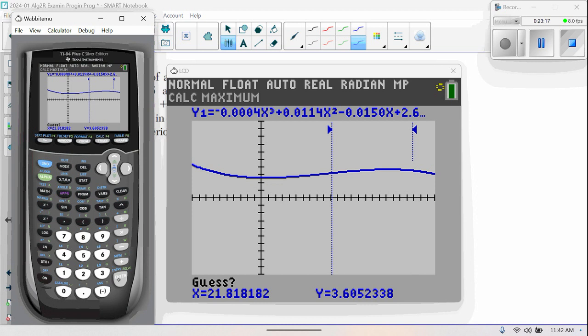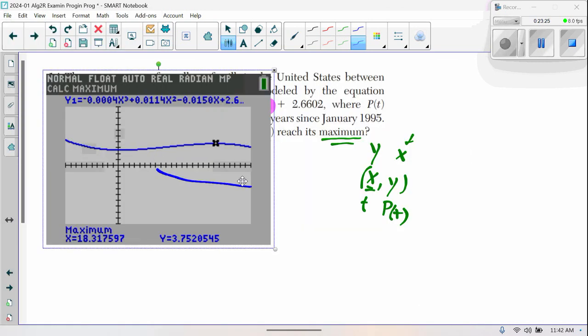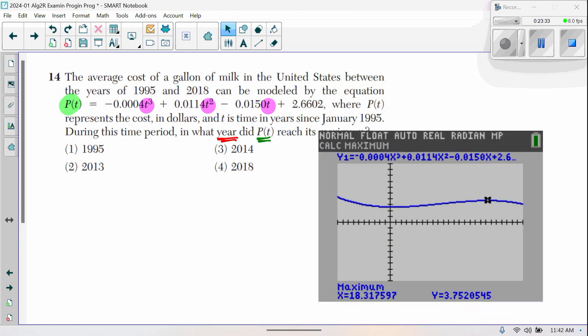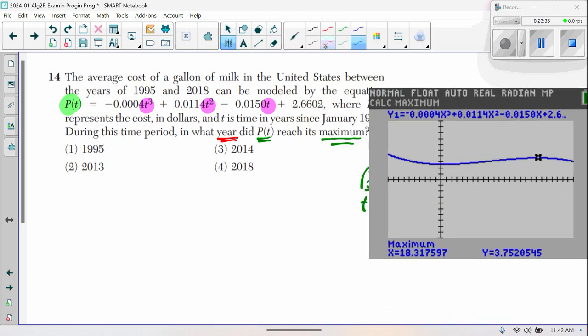Yeah, I hit enter one more time. 18.3 and 3.75. Okay, so at this point, I have the coordinates. 18.3, we'll call it, as my x, and 3.75.